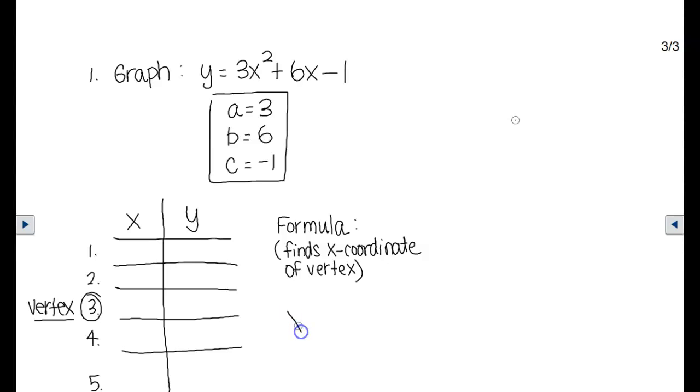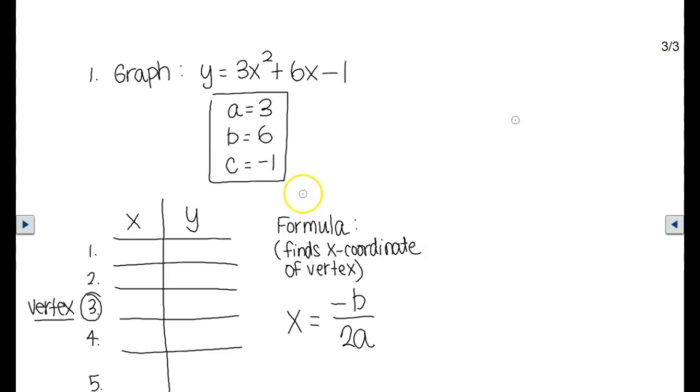That formula is this. X is equal to the opposite of B over 2 times A. So that is the formula you will use always to find the x-coordinate of the vertex. And remember, that vertex is that turning point. It's that middle point on that U.